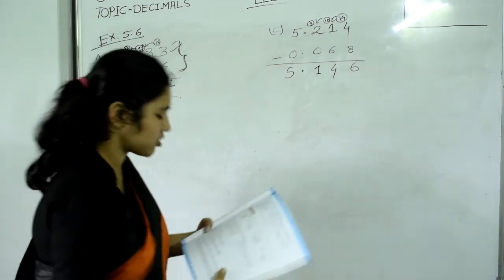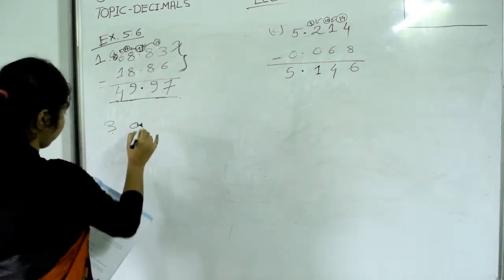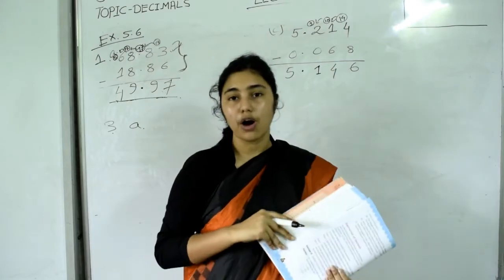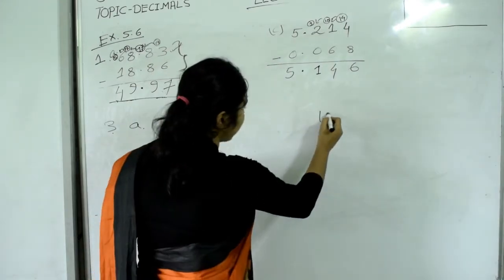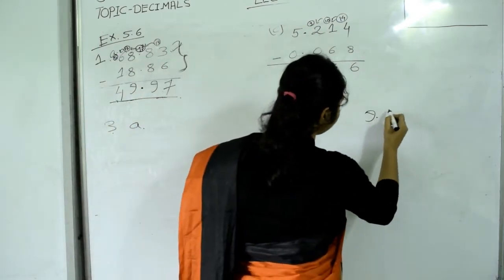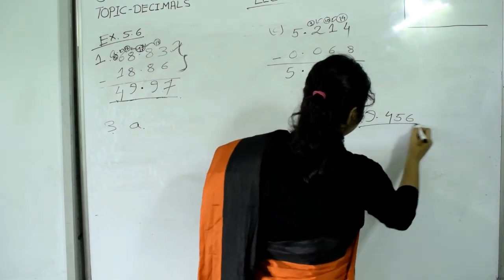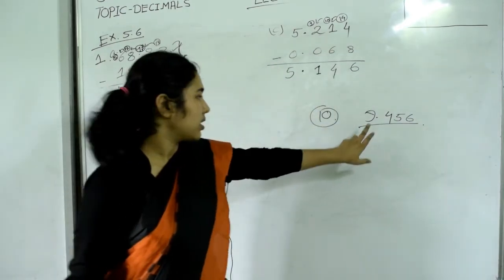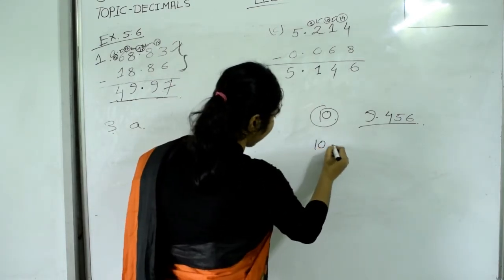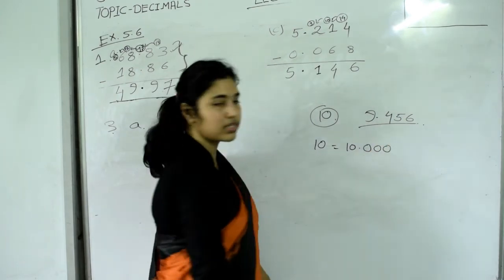Next, in question number 3, here first A. Subtract 9.456 from 10. Now 10 is a whole number, right? And 9.456, this number has 3 decimal places. So we have to write 10 as 10.000.